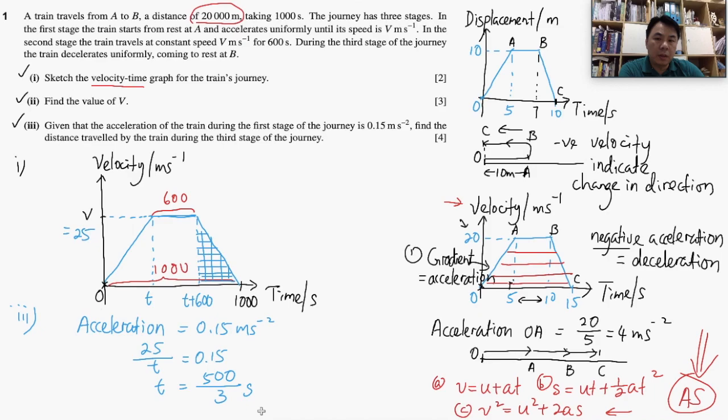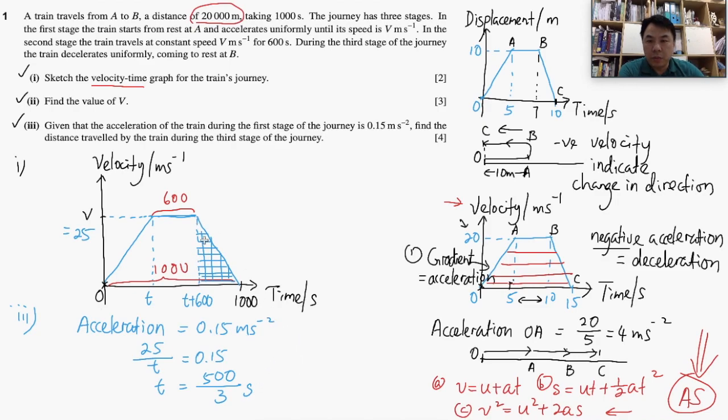Therefore, when we have t plus 600, all we need to do is take this value of t and add it to 600. I hope that is clear for this part.